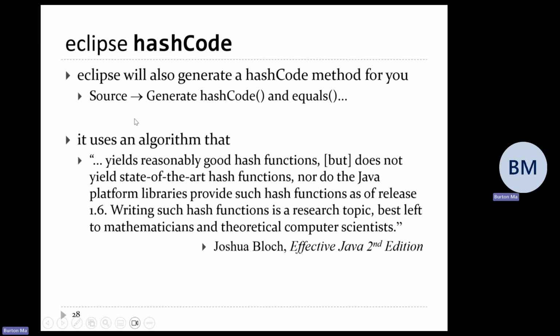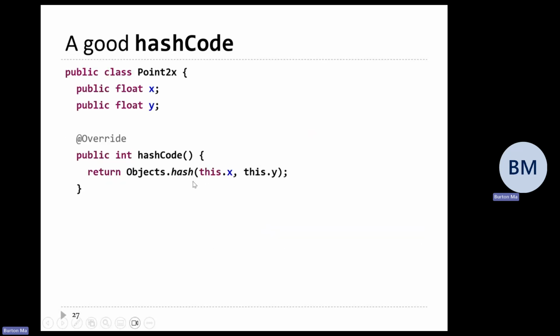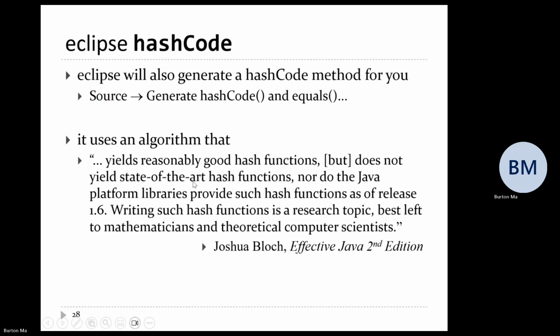Equivalently, you can ask Eclipse to generate hashCode for you. I think in new versions of Eclipse, it produces this. In older versions of Eclipse, it does something else. You can read that quote there, and it roughly tells you what it does.